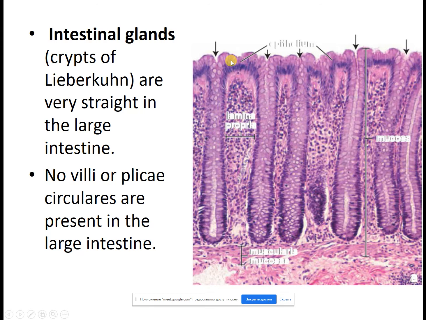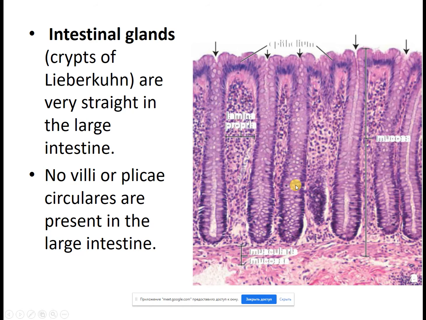In the small intestine, we had villi, so you see the gland is followed by villi. But here we don't have villi, we just have a straight surface of the large intestine. It is sufficient because water can be absorbed even with this straight layer. But glands are still necessary to squeeze the fecal masses, which might occur here.